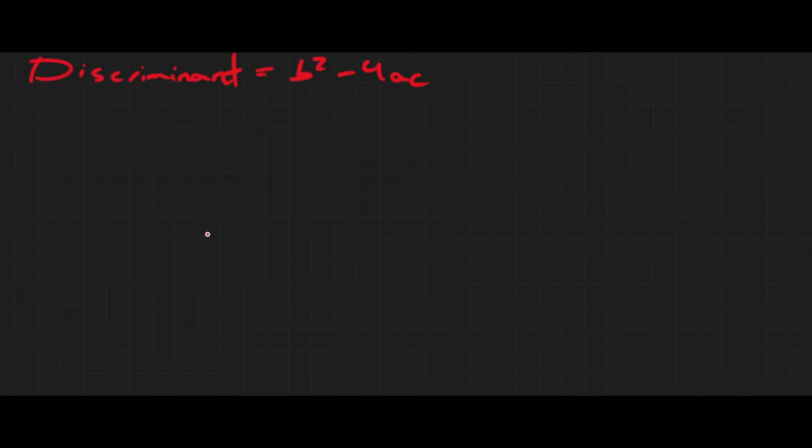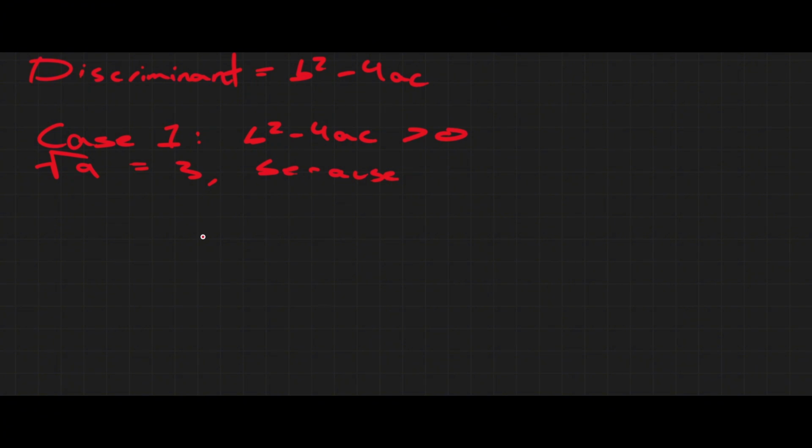So if we look at case 1, the discriminant is positive, right? So what happens is that when we take the square root of any positive number, there are actually two solutions. So, for example, square root of 9 equals 3 because 3 times 3 equals 9, right?